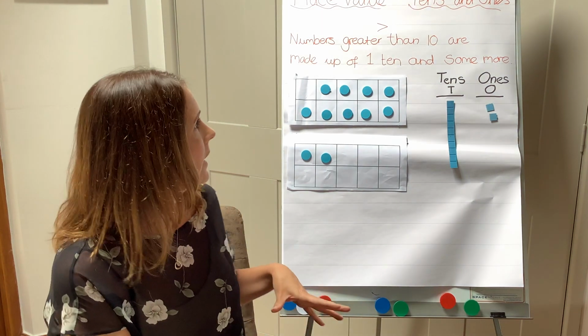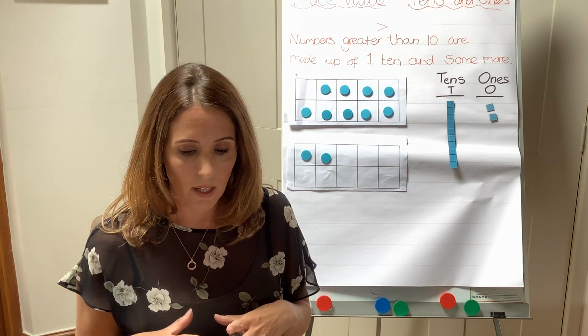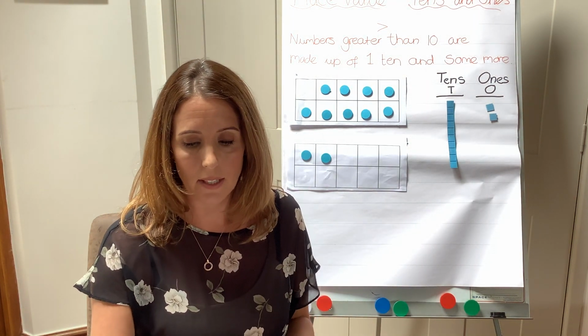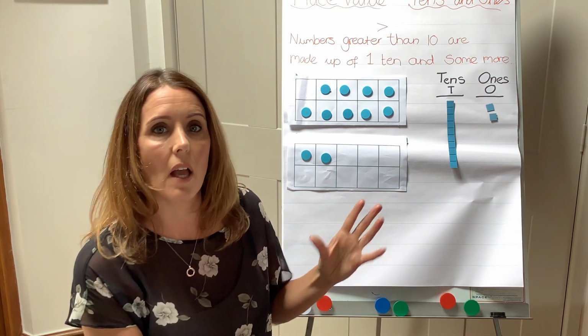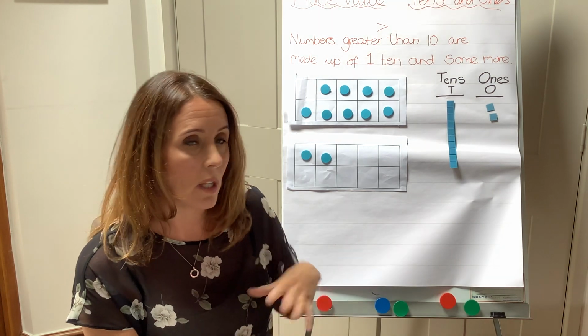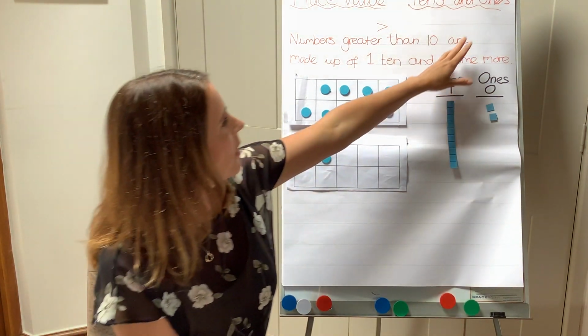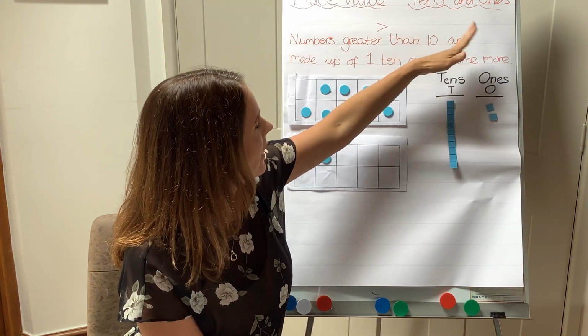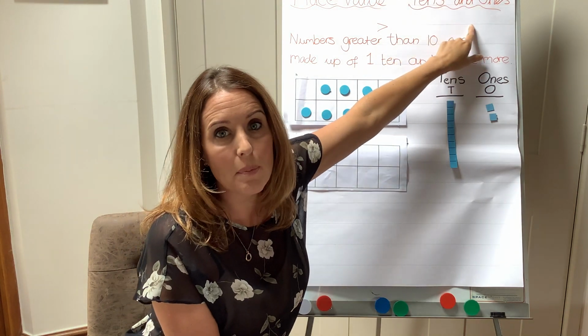So when we're counting, when we get to 9, we have more than 9 ones. We then have to move a column along and it becomes a 10. So the position of the number in place value tells us its value. So if we've got 9 ones and we move then into the tens column, we put a 1 in the tens column, but we have to put a 0 in.